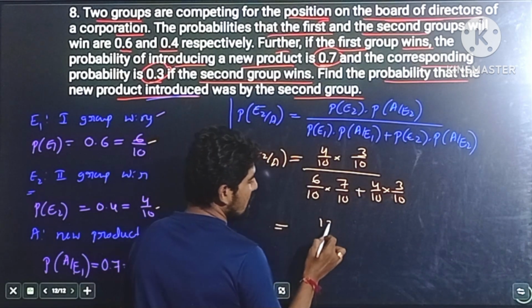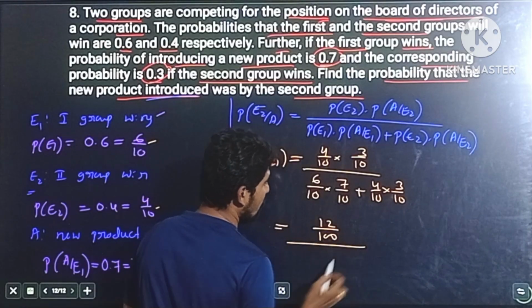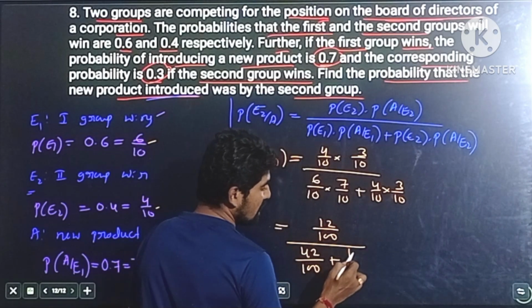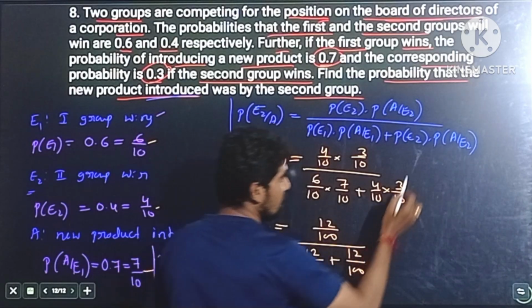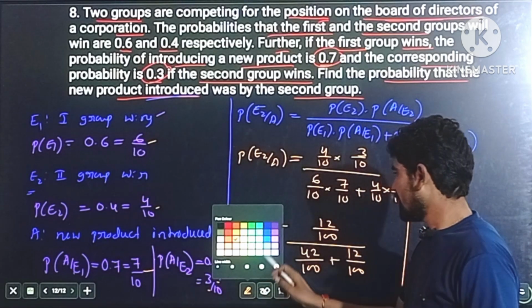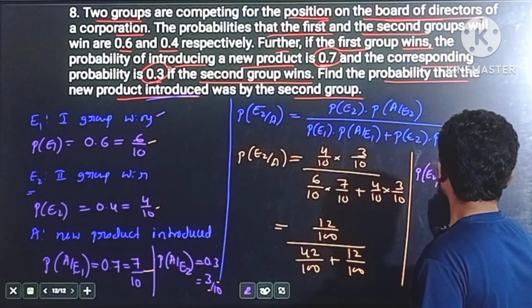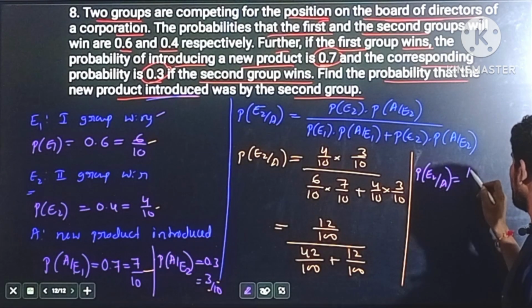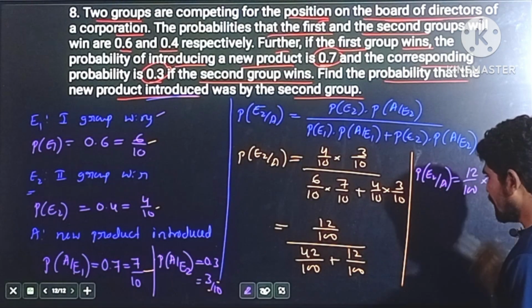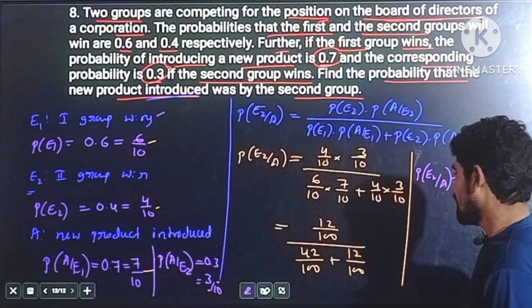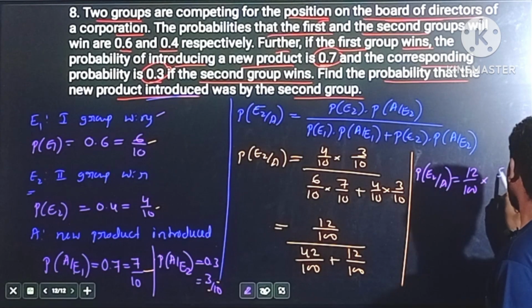This equals 12 divided by 100 whole divided by 42 divided by 100 plus 12 divided by 100. Therefore the required probability of E2 by A is equal to 12 divided by 100 into LCM 100. So 42 plus 12 is 54, divided by 100.